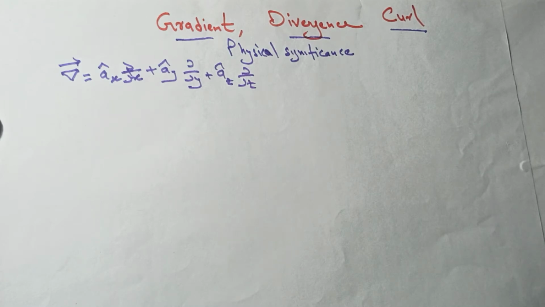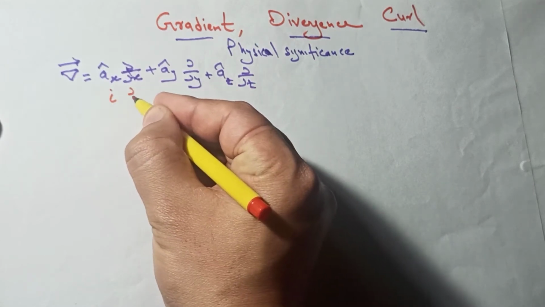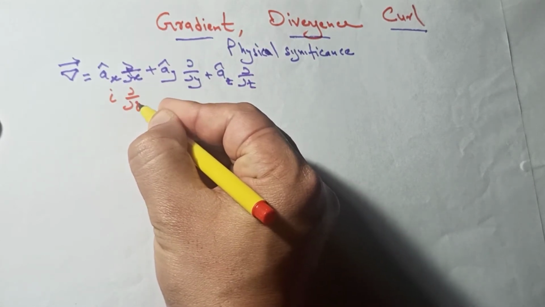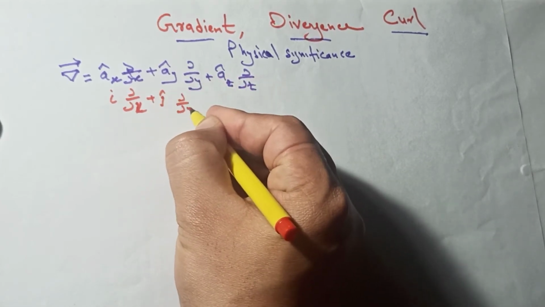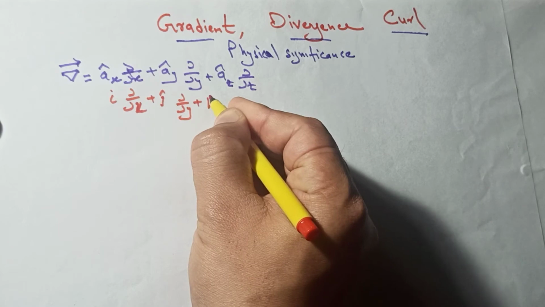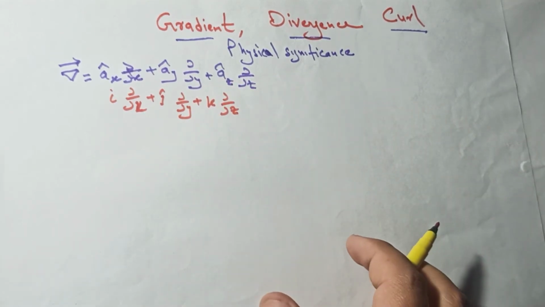Here ax is a unit vector in the direction of x. We can also write this as i, j and k, so don't get confused.